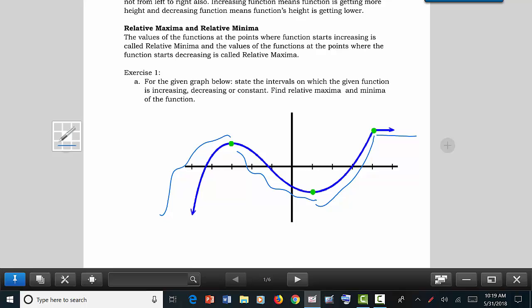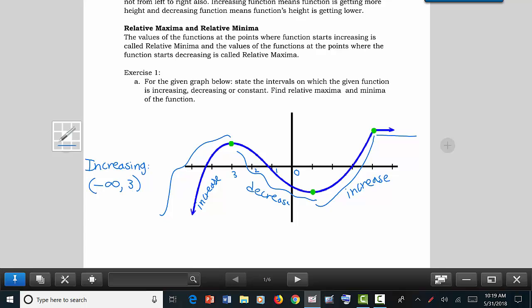So now here this is 0, 1, 2, 3. So from all the way from negative infinity to 3 the function is increasing. So increasing, negative infinity to 3, and another part of increasing: here it is increasing, here decreasing, and here increasing again.